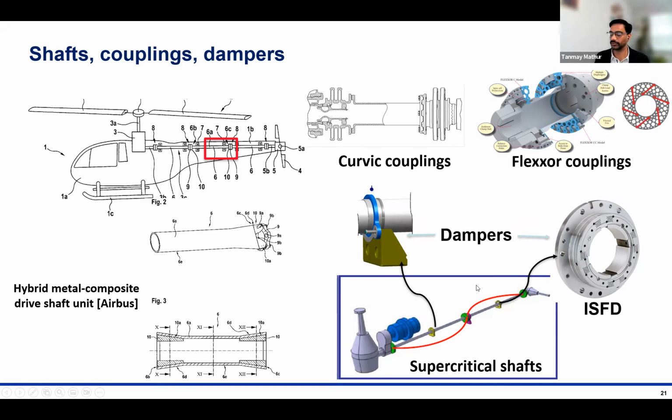As you traverse through the first critical, the damper must be able to drive down the amplitude at the resonant frequency as you cross it. With supercritical shafts being driven at high speed, you can transmit much more power with a smaller shaft. That's the reason why we're looking into something like this.